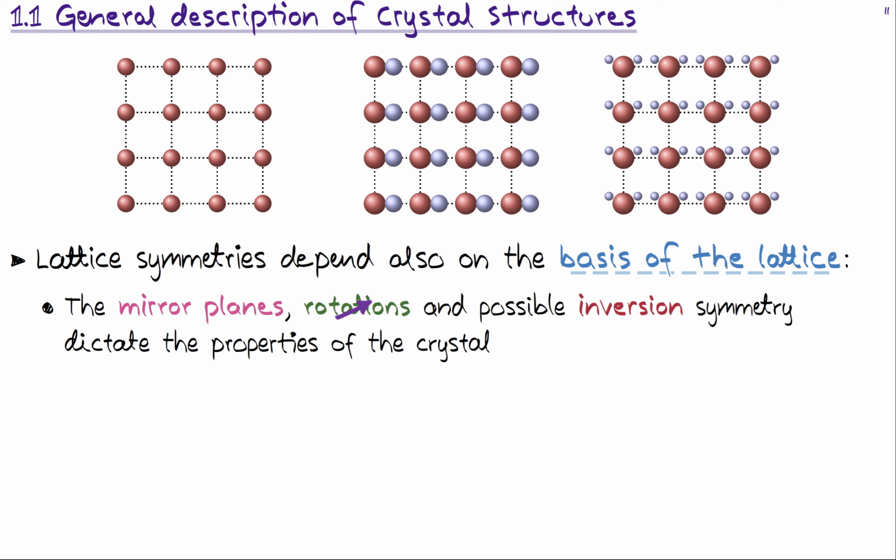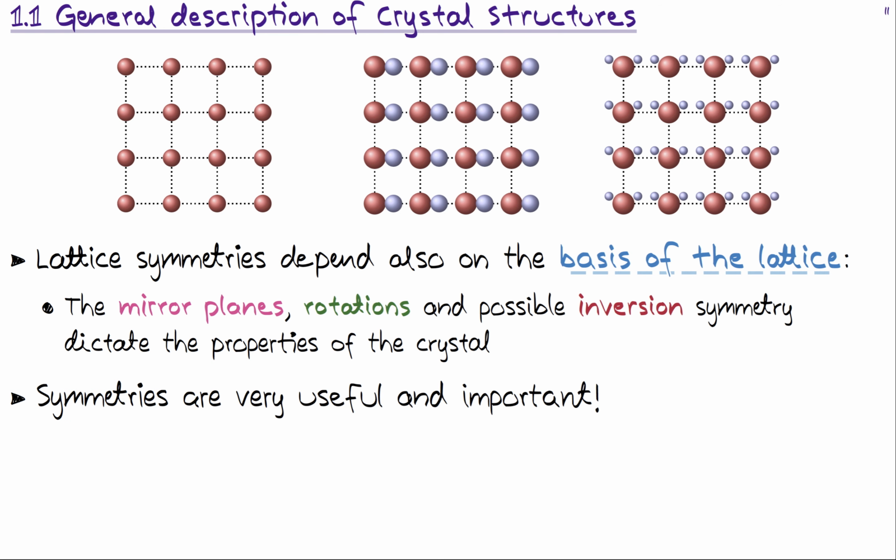And then of course rotations, I may imagine that I'm rotating this lattice with respect to a certain point, and then depending on our basis, what we have inside each lattice point, we may or may not have rotational symmetries in our structures.